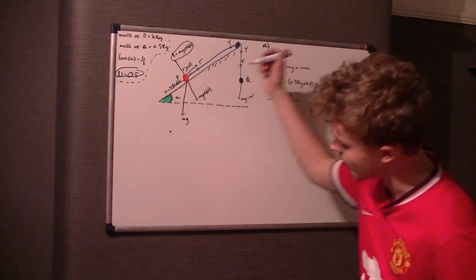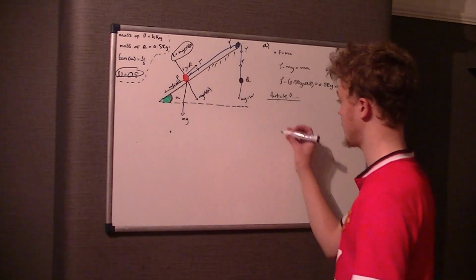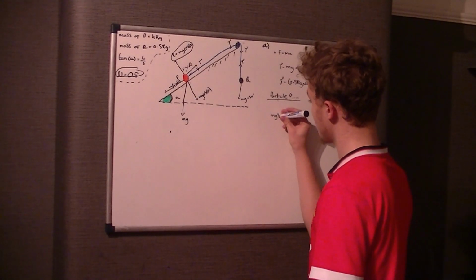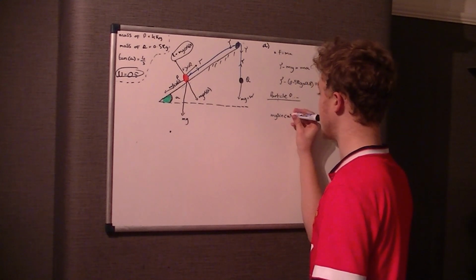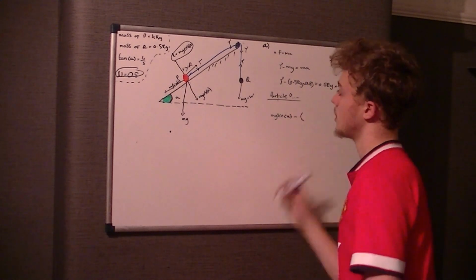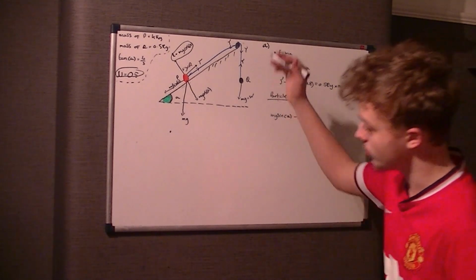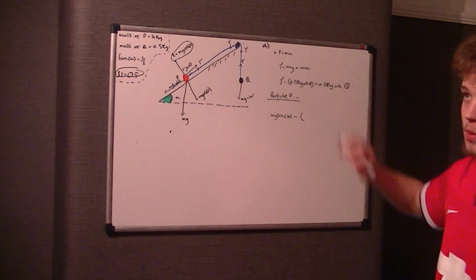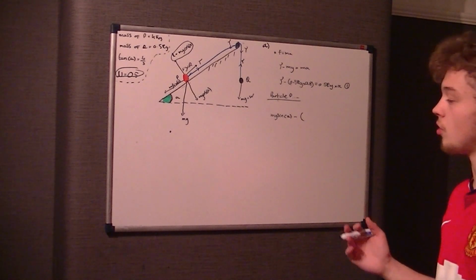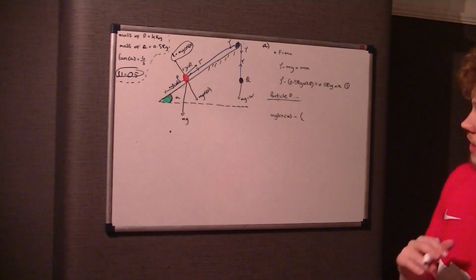Now, the only force that's pulling it down the slope is mg sine theta, or mg sine A. Now, we need to take the difference between the forces pulling it down and the forces pulling it up, which must cancel out.